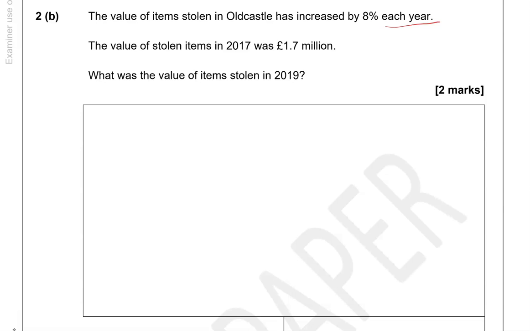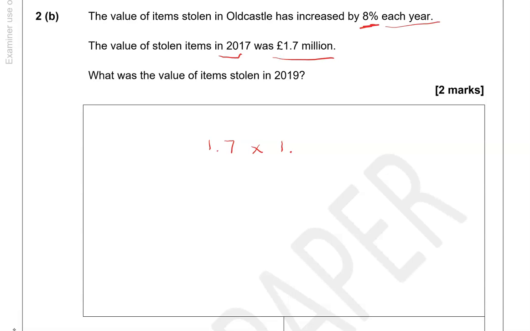So what's the original value? That's the 2017, and that is 1.7 million. So we're just going to keep it as 1.7 for simplicity. And then multiply that by 1 point, because it's increasing, so 1 point, that's 8%.